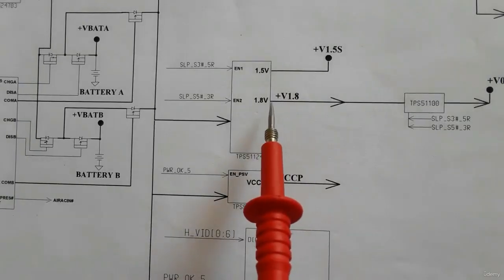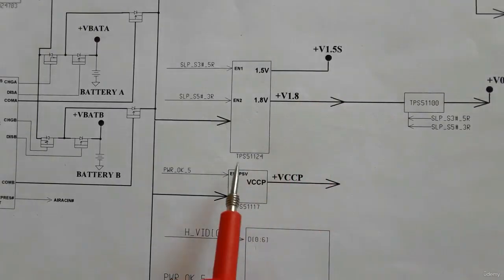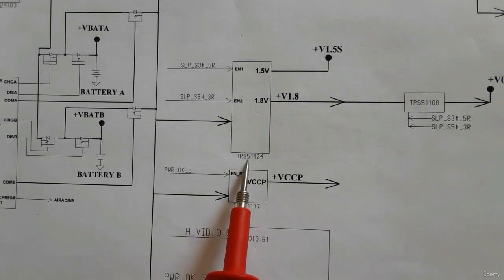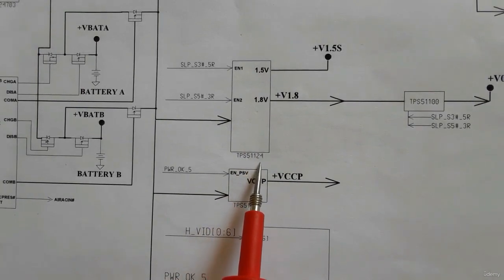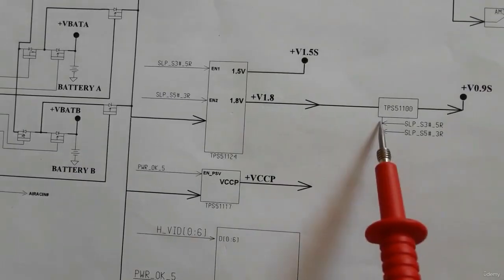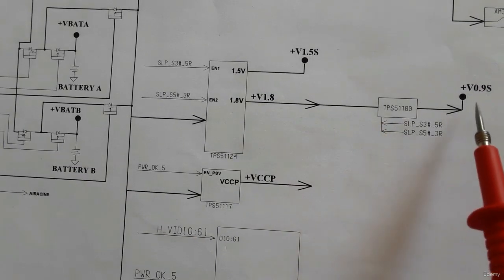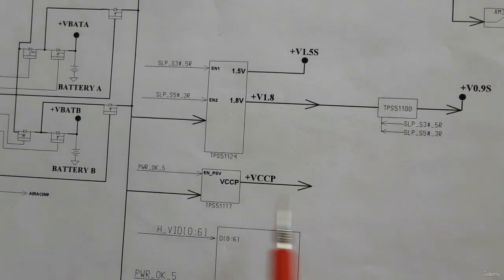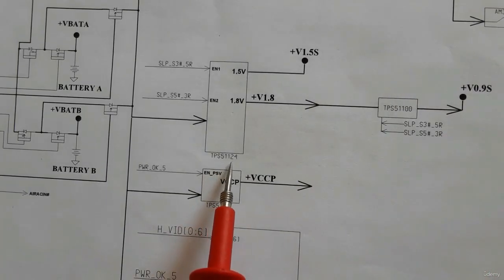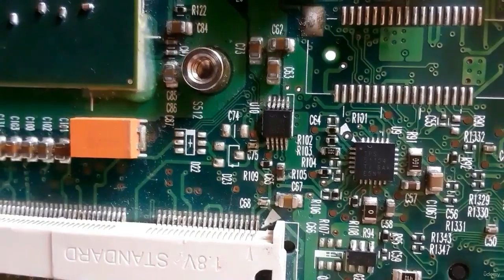Now let's see the power management IC of 1.5 volt and 1.8 volt. This is TPS51124. Let's also see this IC, TPS51100, that is responsible for generating 0.9 volt for the RAM. So we're going to see these 2 ICs, 51124 and 51100.